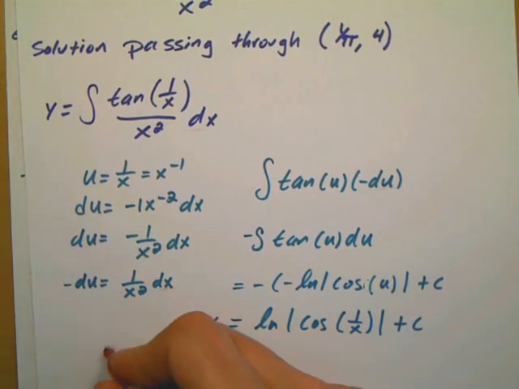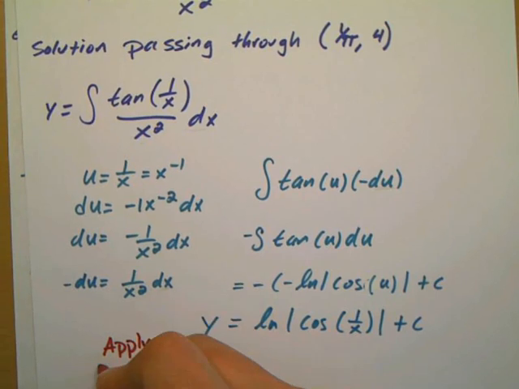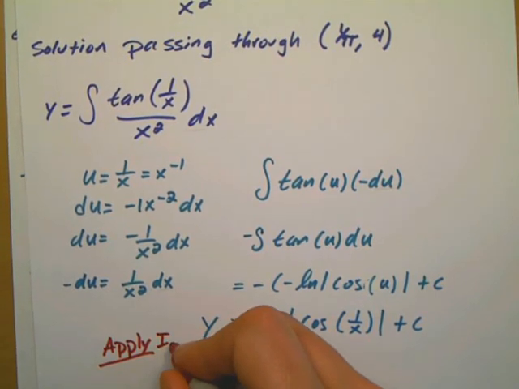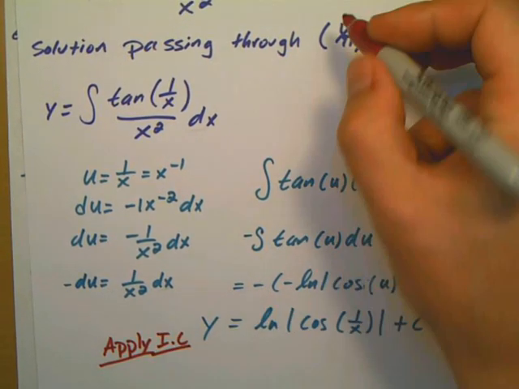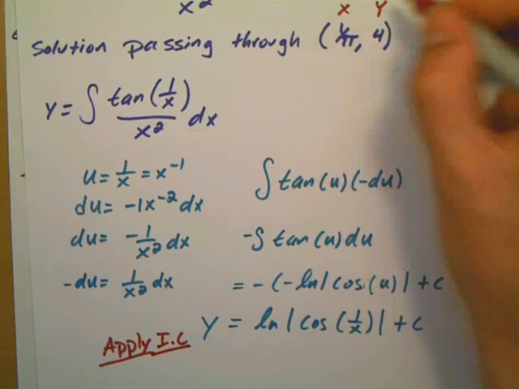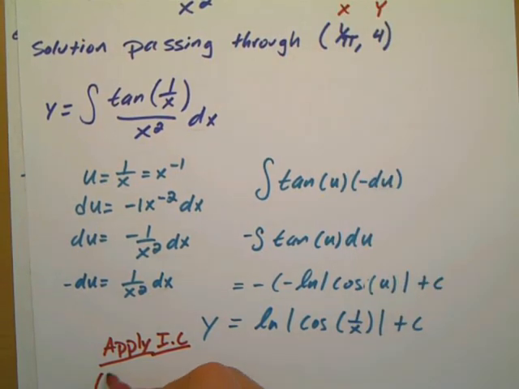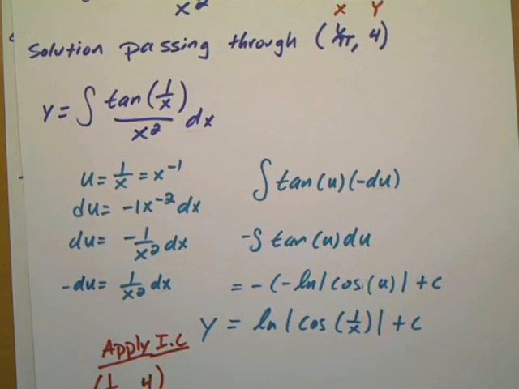So at this point, I want to apply my initial condition. I want to apply the point I was given. So this is my x coordinate, this is my y coordinate. So I have 1 over pi, and then the number 4, this is x, this is y.